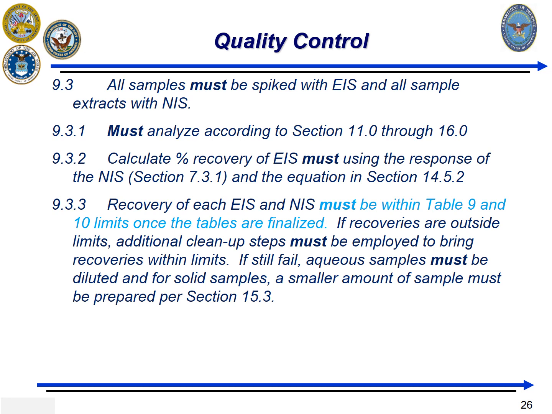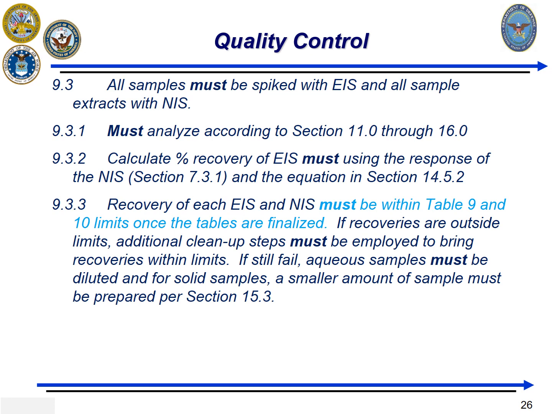Samples must be analyzed according to sections 11 through 16. And you must calculate the percent recovery of the EIS using the NIS method and the equation in section 14.5.2.